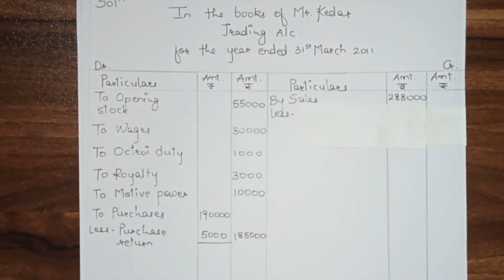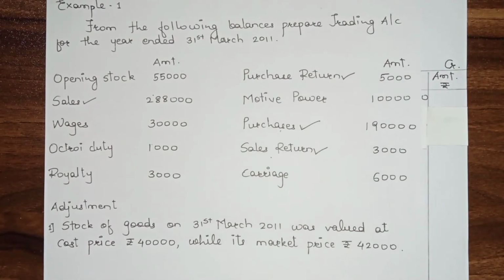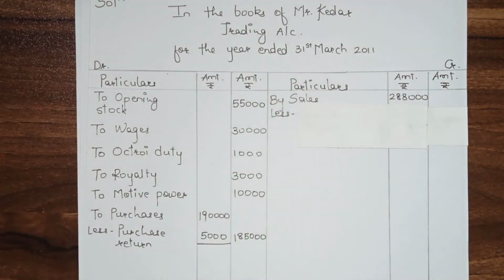Okay, next one, sales returns. Now here this is also an adjustment, we have to subtract it from sales. So we will subtract it.